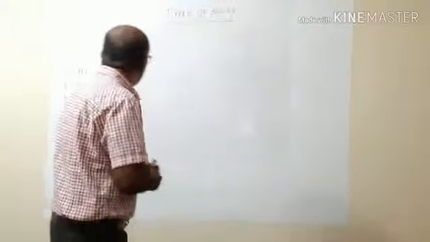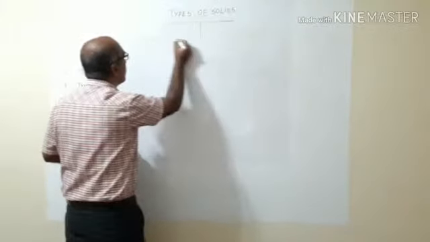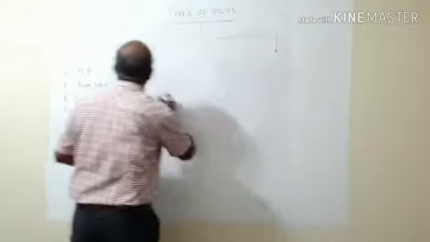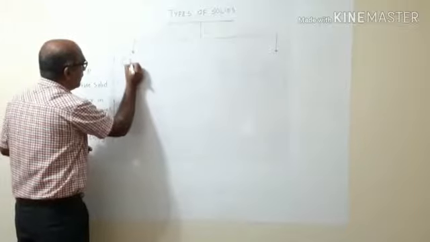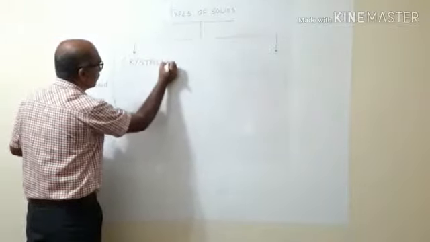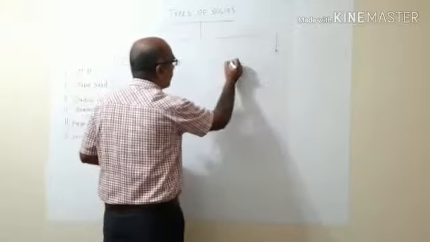So first of all, the two types of solids are crystalline and amorphous.